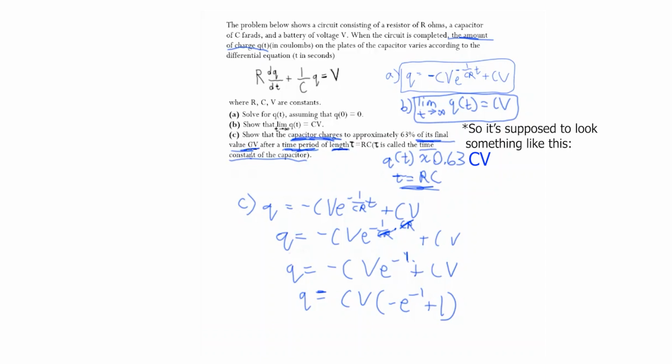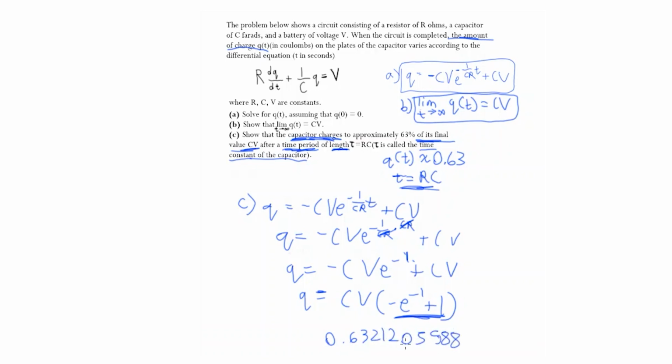So we just simply need to know what this comes out to in decimals. So you would use a calculator for this because there's no way to do it by hand, at least not a way that I know of. Add 1 plus negative e to the negative 1, 0.6321205588, and so on and so on.